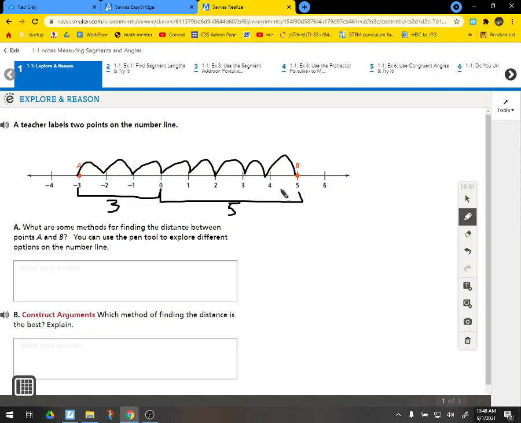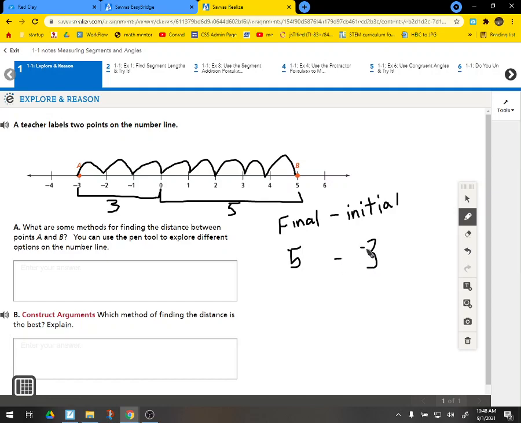Another way to do it is to take the final, the ending, and subtract the beginning. We can call that the initial. So I could do 5 minus -3.